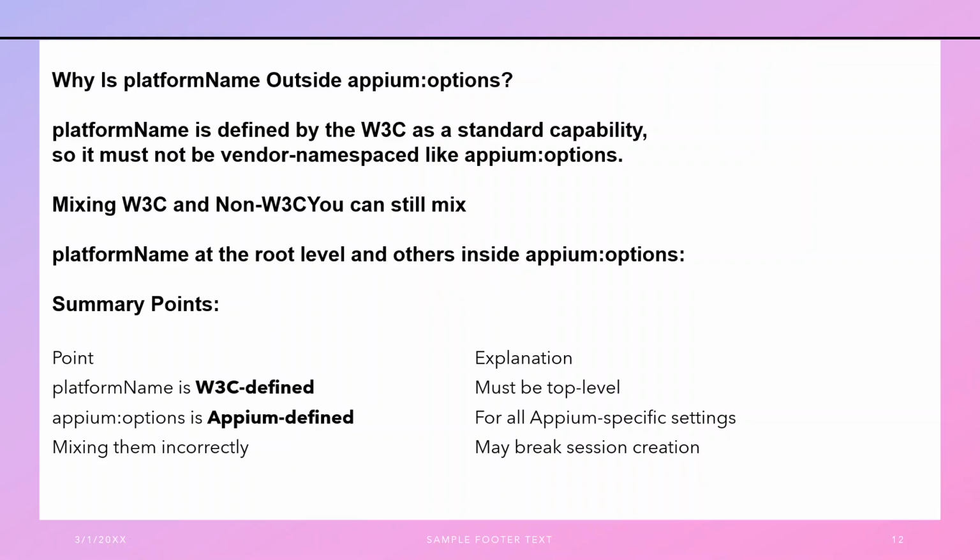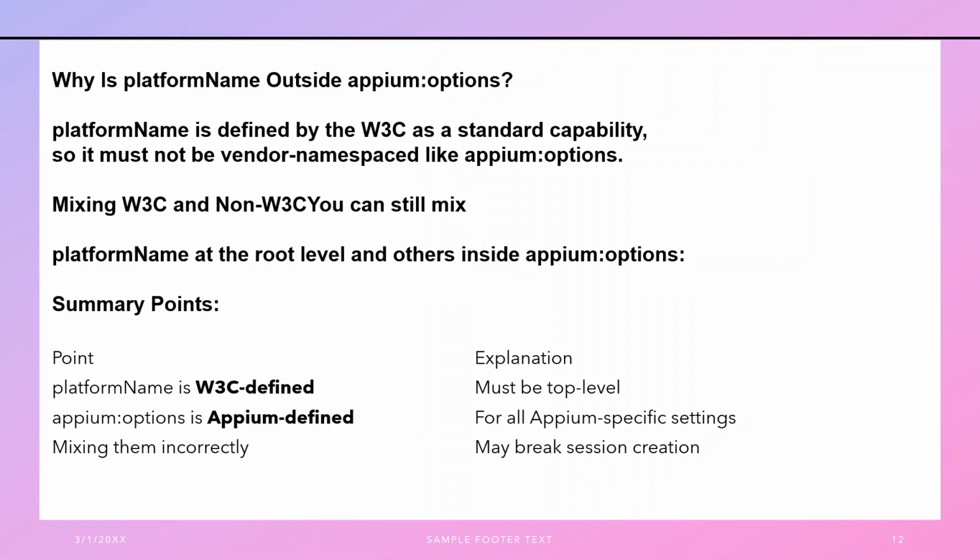If you want to summarize, the platform name is W3C defined and must be at the top level, meaning the root level, and APM options is APM defined for all APM specific settings. If you don't keep this properly, it may break the session creation. You have seen the error, right?